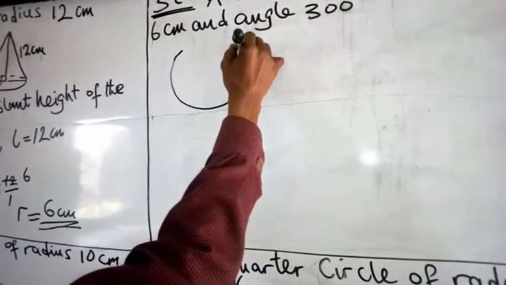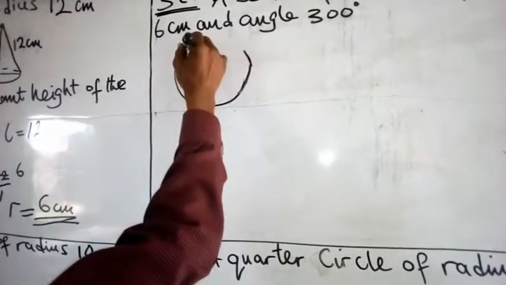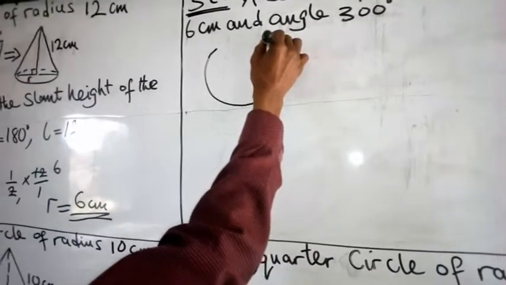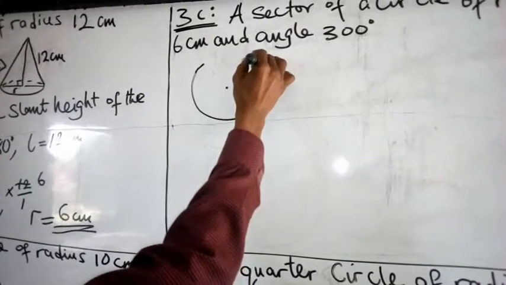Since it is 300, let us further reduce it. Then the radius.